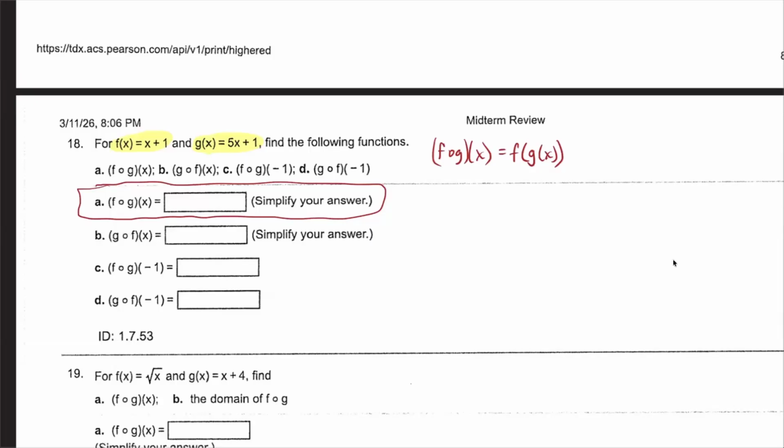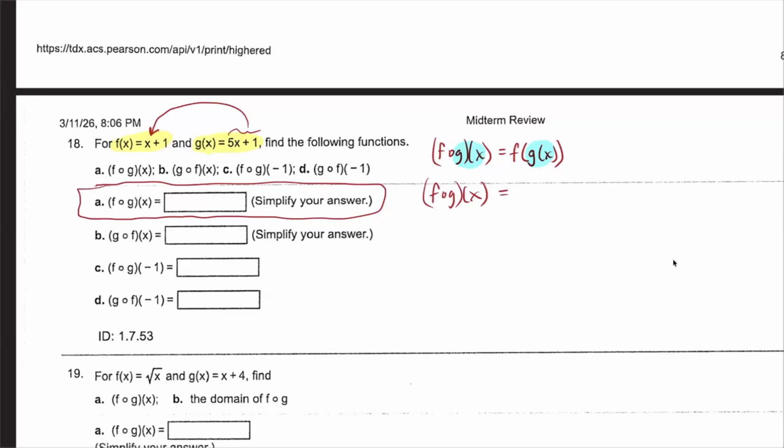So the function that you're going to place inside of the other function is always the one that's closest to the x in our notation here. So what function is closest to the x? Well, that would be g. g is the inner function that we're going to place inside of the function f, everywhere there's an x. So let's see what we have. Everything inside of g, which is 5x plus 1, we're going to take that and replace it into f, where there's an x.